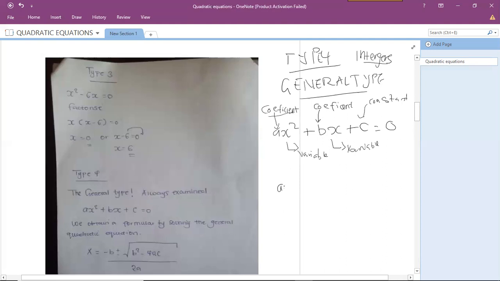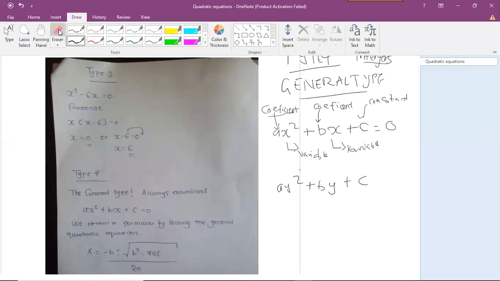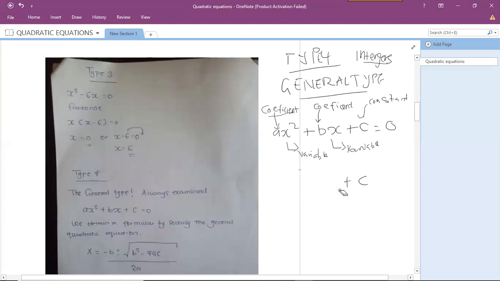It can even be ay squared plus by plus c. It will always be in reducing powers of 2. Let me use x so that you don't get confused, but it can be x, it can be y, it can be anything.